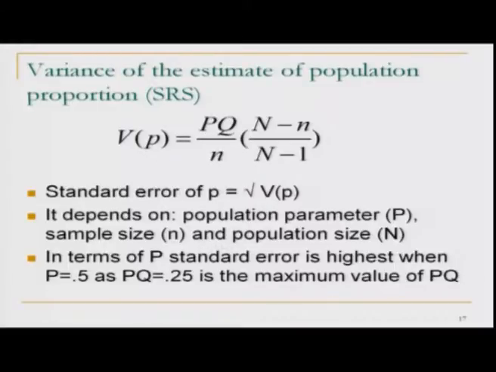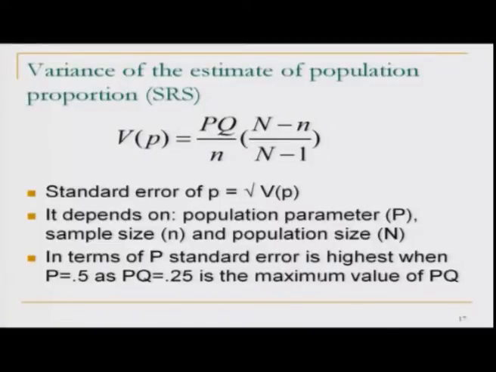Standard error also depends on population size capital N, and in terms of P, standard error is highest when P is 0.5, as PQ equal to 0.25 is the maximum value of PQ.